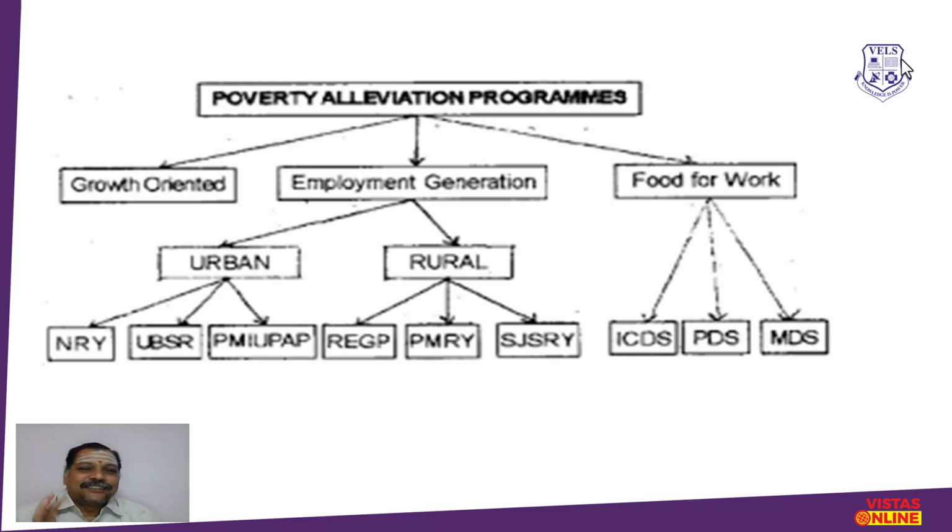In those days, poverty alleviation was based on economic growth from 1947 till 1977. The government of India concentrated more on economic growth in order to eradicate poverty. During the 1970s, the government realized that only improving economic growth or development would not eradicate poverty.